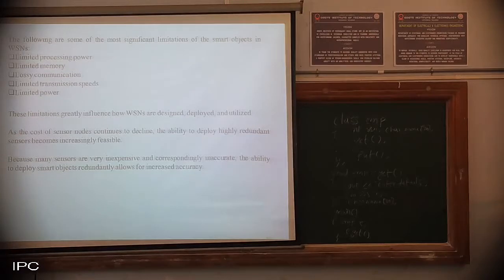It becomes increasingly feasible. 15 years back, this sensor and processing unit cost was too high. By using more closely placed sensors and processing units, the implementation cost has decreased.